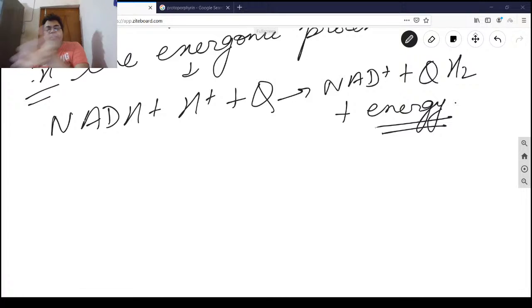The next process is the endergonic process. The endergonic means the endothermic process.